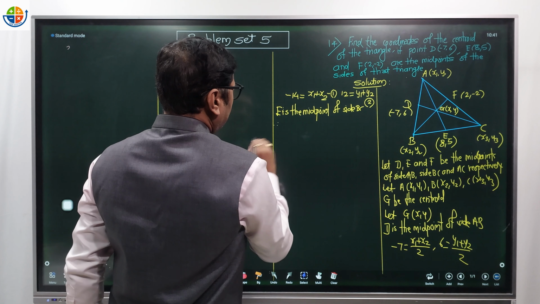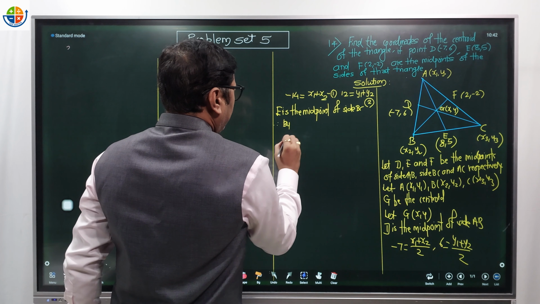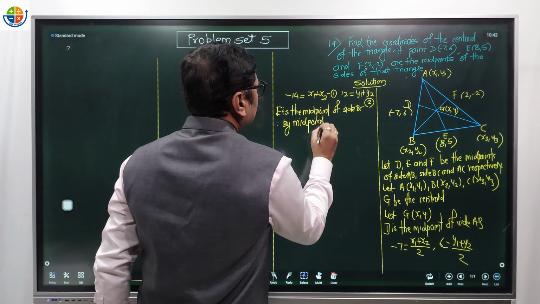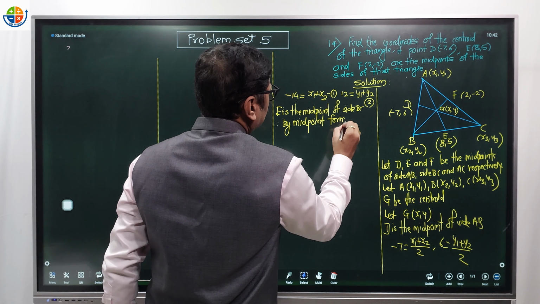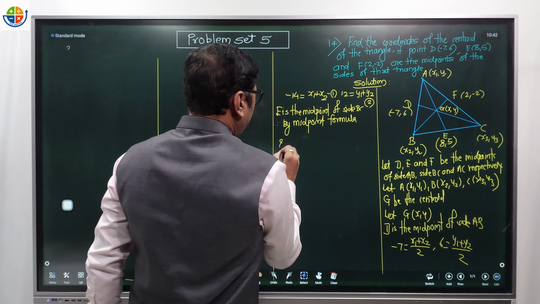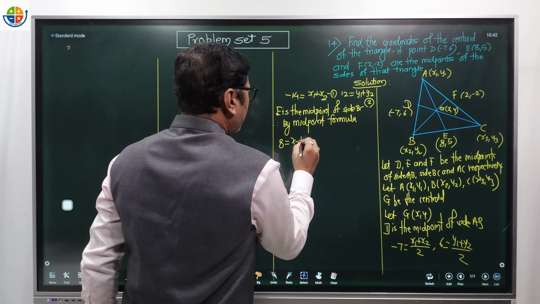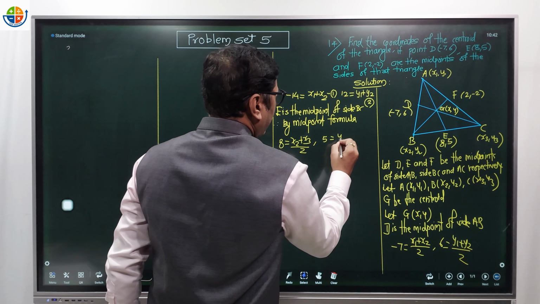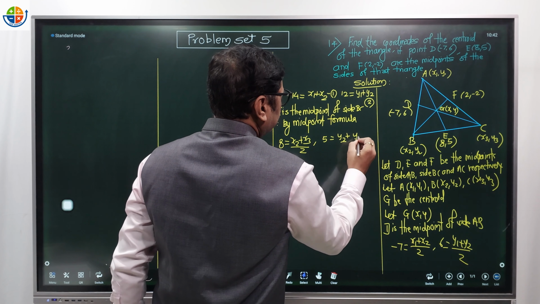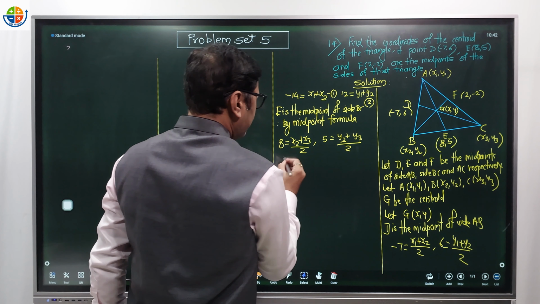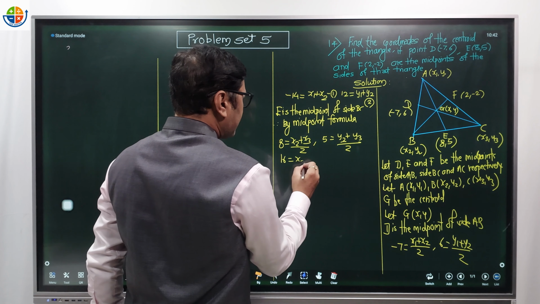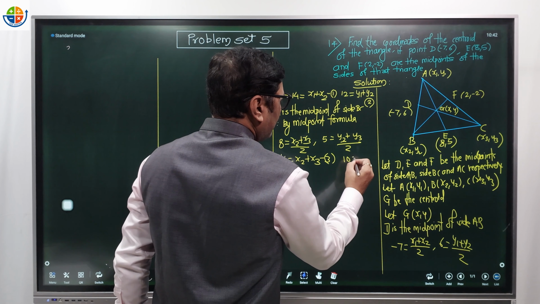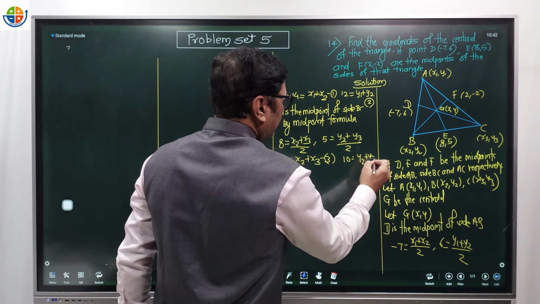Therefore, by midpoint formula, 8 is equal to x2 plus x3 upon 2 and 5 is equal to y2 plus y3 upon 2. Take 2 on this side. 16 is equal to x2 plus x3. Equation number 3. And 10 is equal to y2 plus y3. Equation number 4.